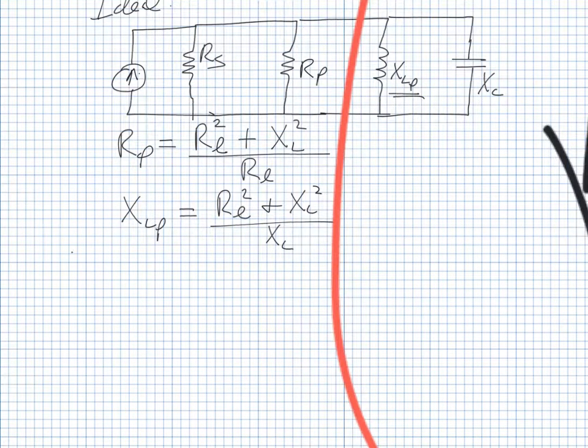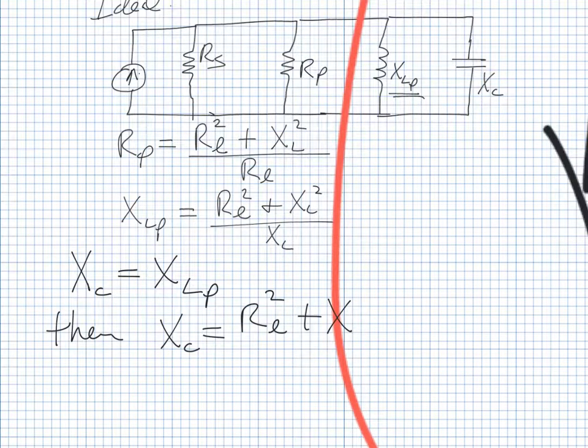We would say the reactance of the capacitor is equal to the reactance of the inductor. And again, this is the inductor in parallel, in the new circuit that I've drawn. Knowing that, the reactance of the capacitor is also going to be equal to what we had before, which was the resistance of the inductor squared plus the reactance of the inductor squared, divided by the reactance of the inductor.